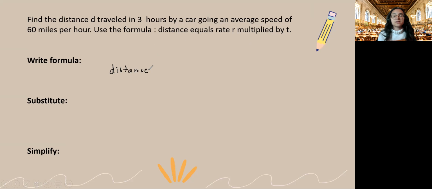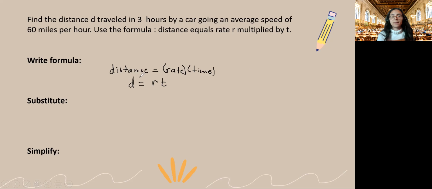So distance is going to equal the product of rate times time. Or if we want to use the variables, distance is d, rate is r, and time is t. Okay, good.